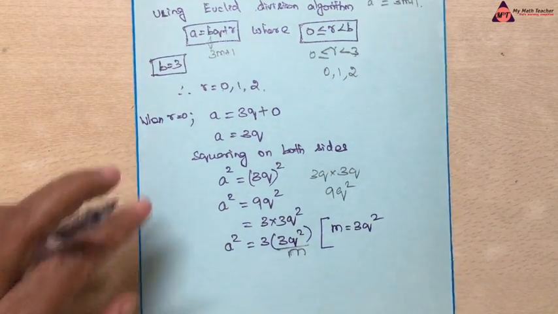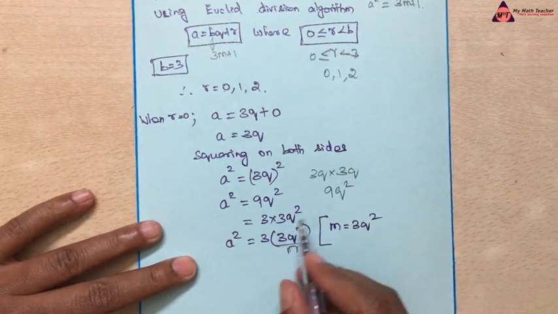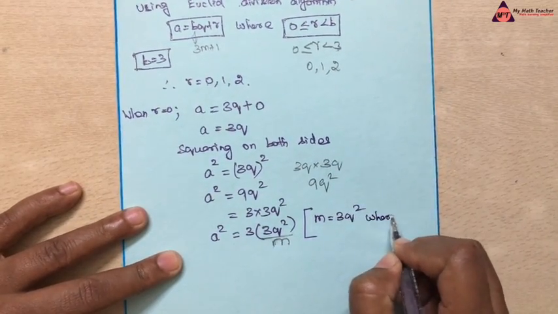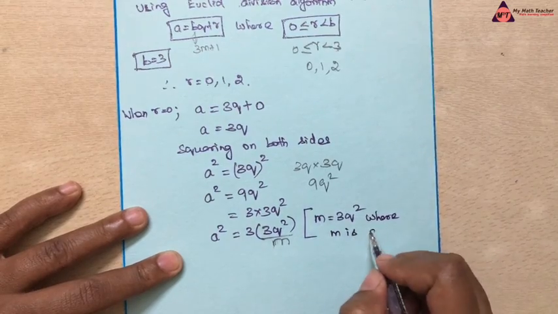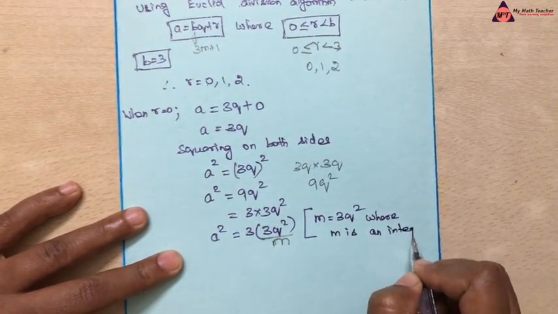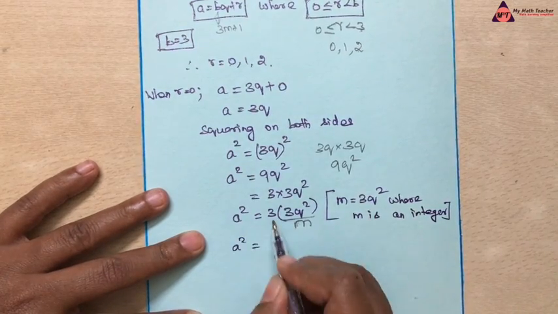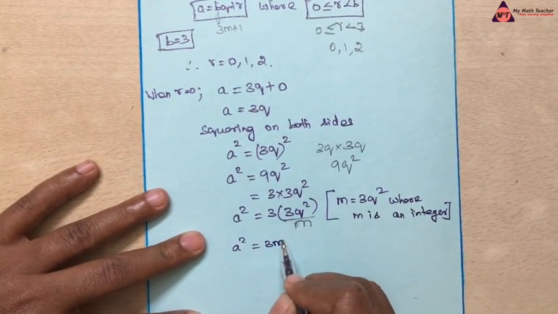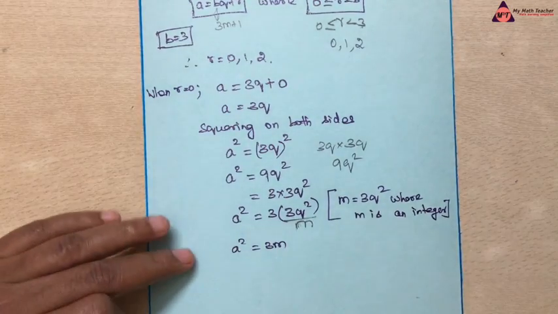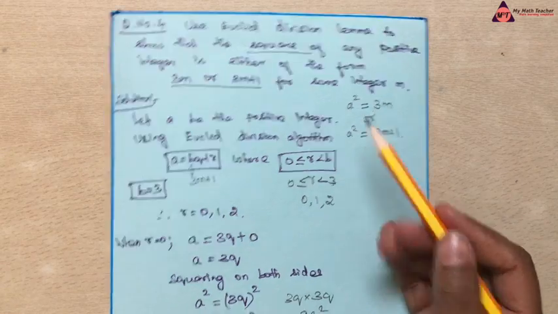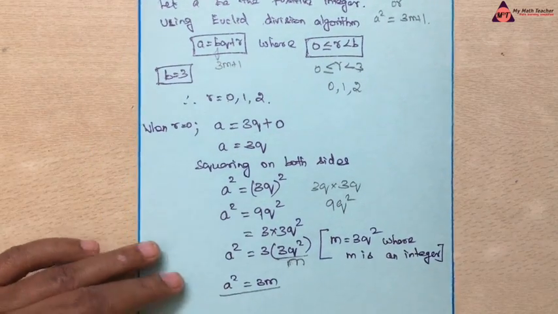Now what is m value now? m is equal to 3q square, where m is an integer. Finally we can write a square is equal to 3m. Now this is the first step, which is a square is equal to 3m. This is what the first one we have to prove.